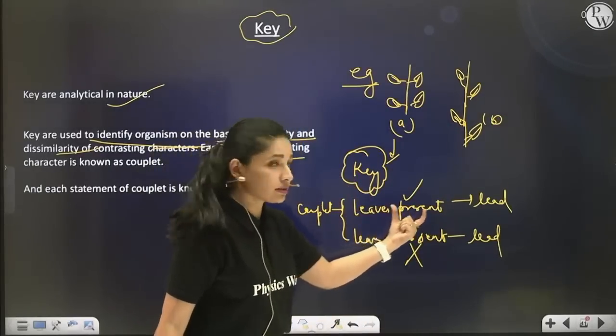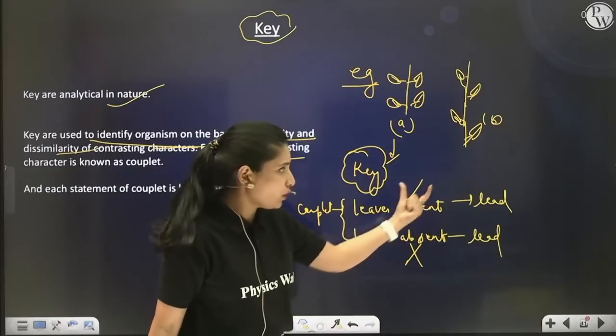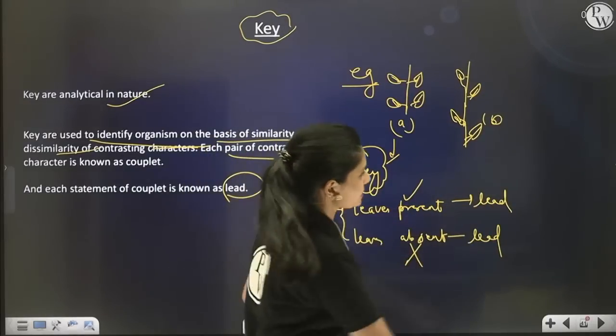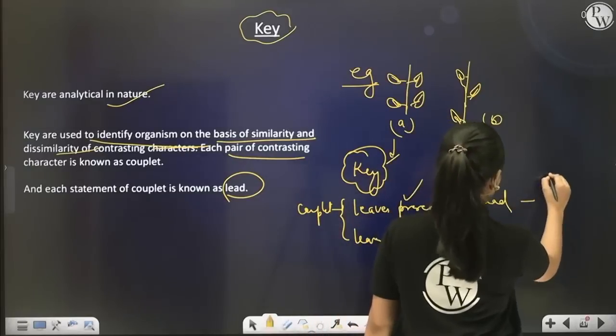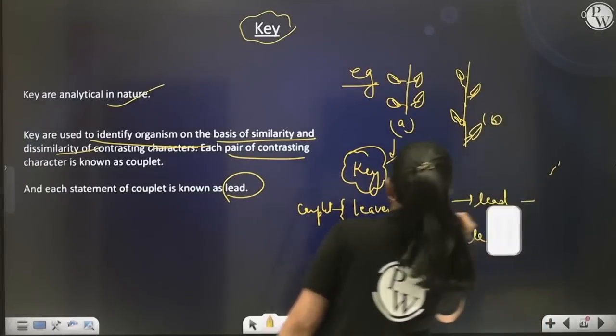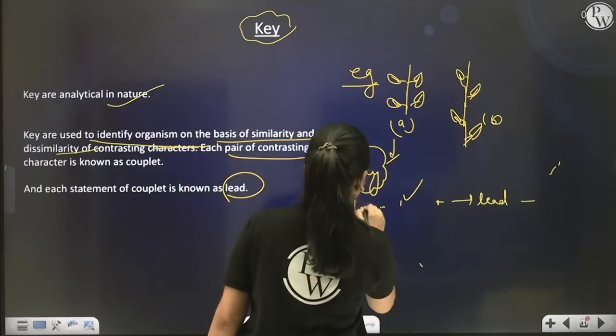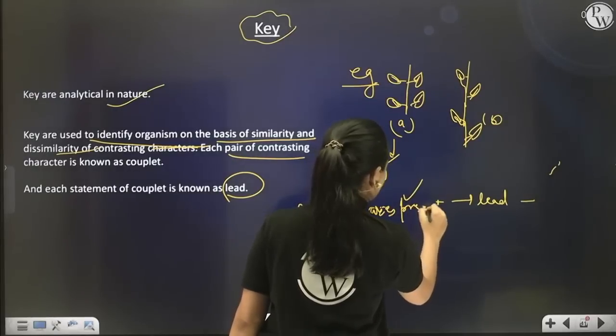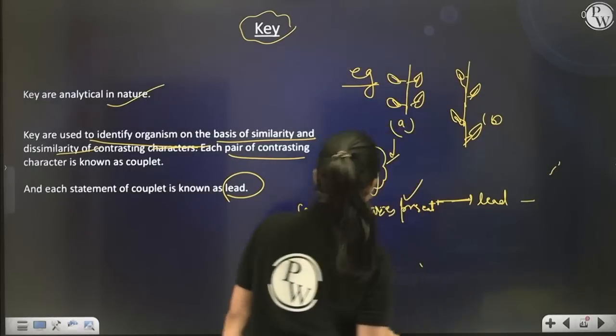If I choose the first statement, then followed by this, some other couplet would be given. Now suppose the second couplet given is this. Leaves present, so this lead I chose.